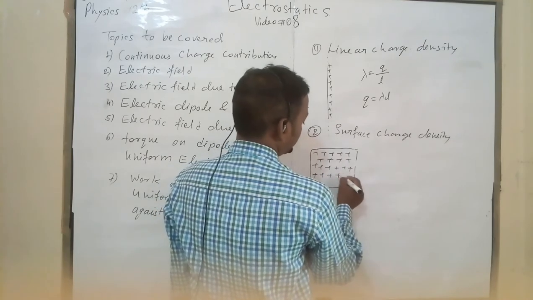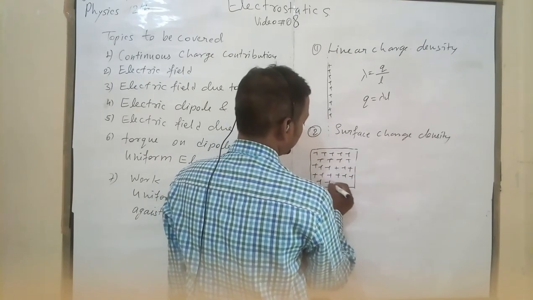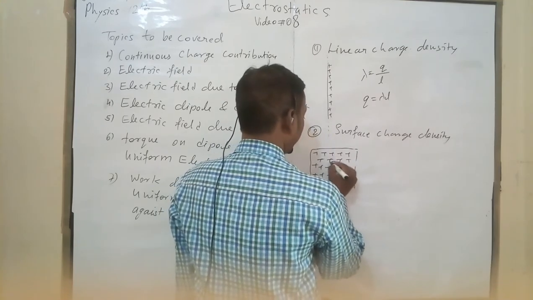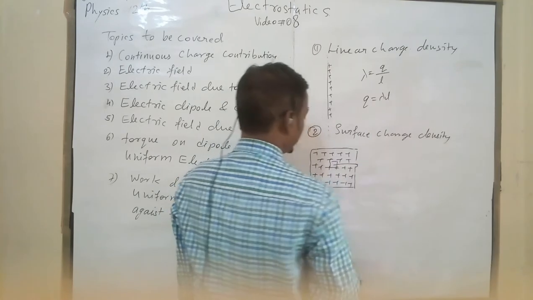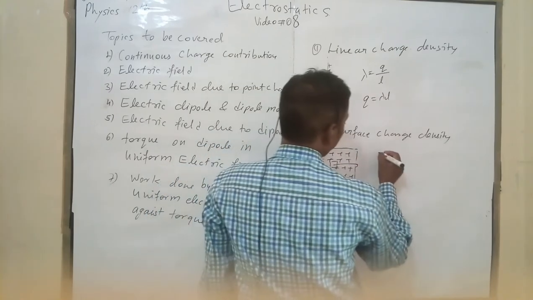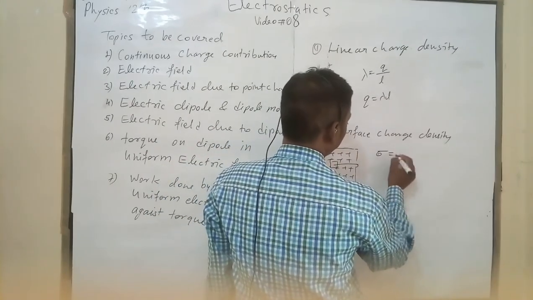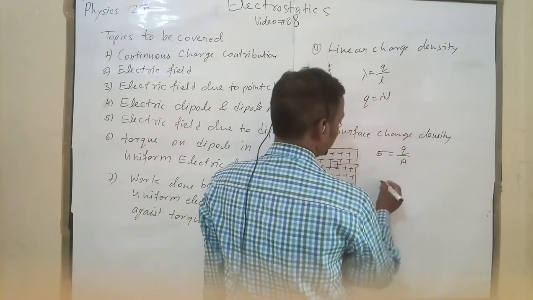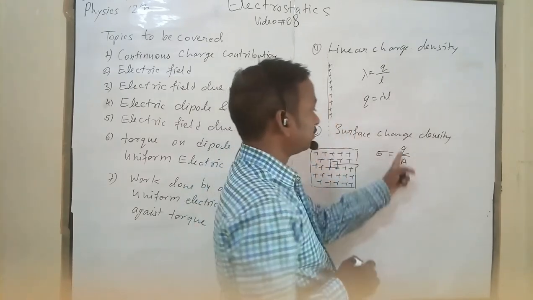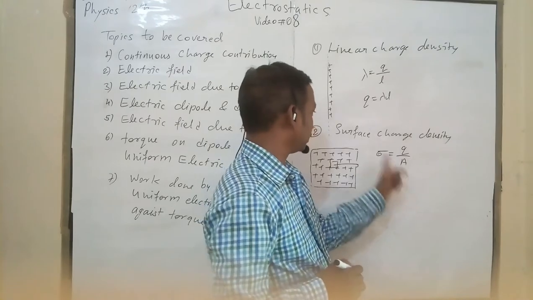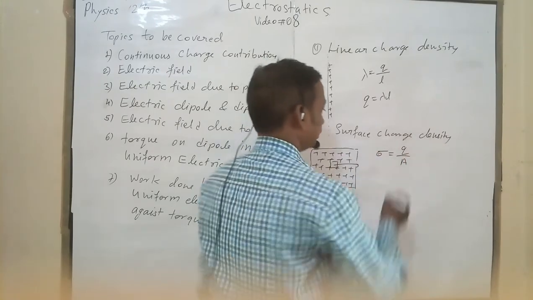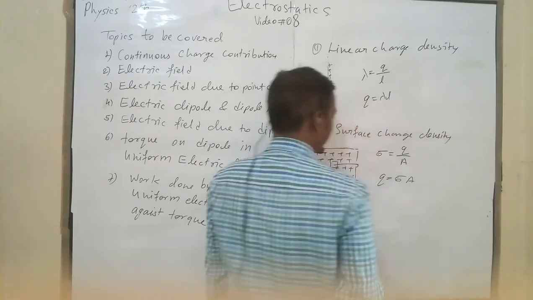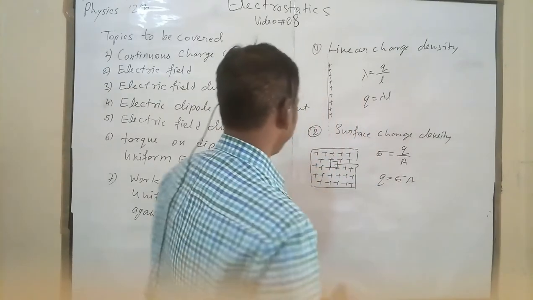I have a positively charged sheet. So how can you find it? Take a unit area, and that is sigma equal to charge on area. Charge per unit area is called surface charge density. So we have Q equal to sigma times A, that is the surface charge density.